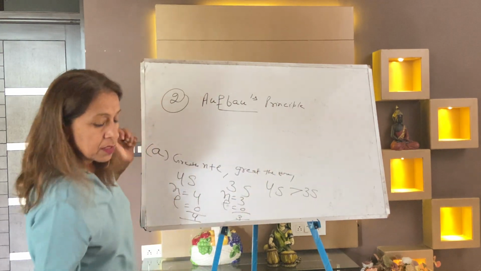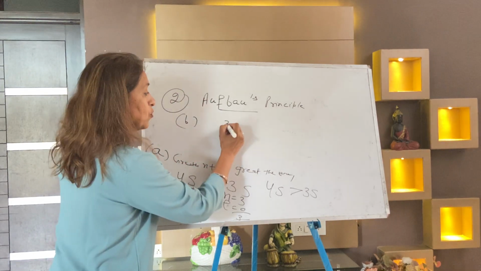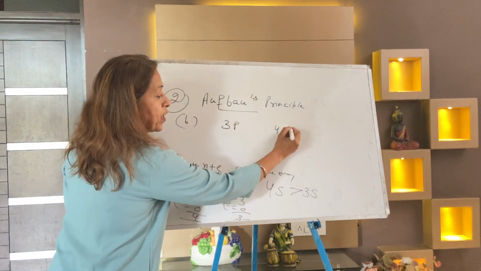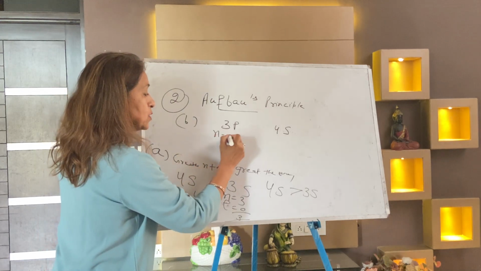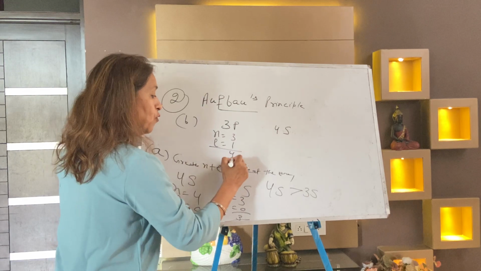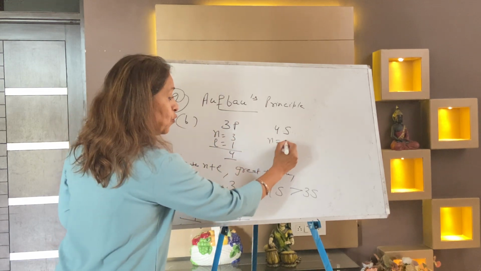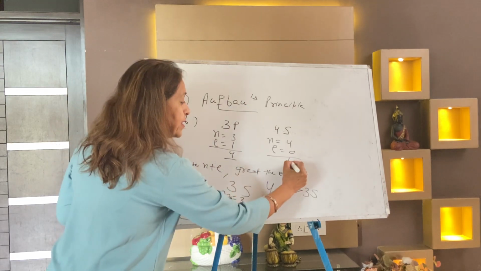Now write down B part. Sometimes the n plus l is the same. Now I am taking 3p and 4s. Here n is 3, p, l is 1, so the sum is 4. And here n is 4, l is 0, so the sum is also 4.